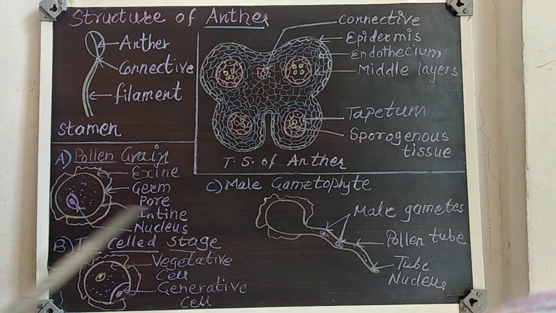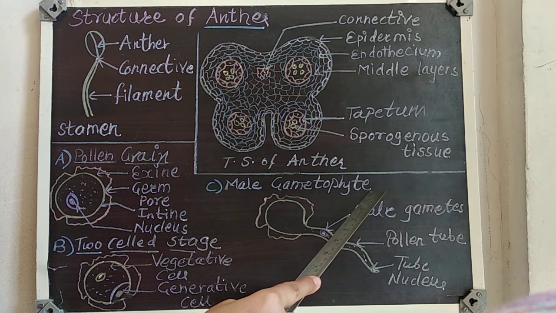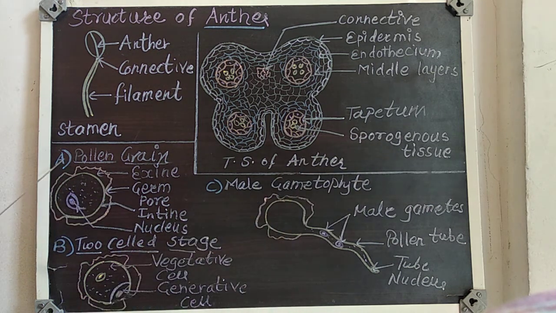Now next point is development of male gametophyte. The first stage of male gametophyte is the pollen grain. This pollen grain undergoes two successive mitotic divisions. When it undergoes first mitotic division, the next stage is called as two-cell stage. After first mitotic division of pollen nucleus, it forms two unequal cells.